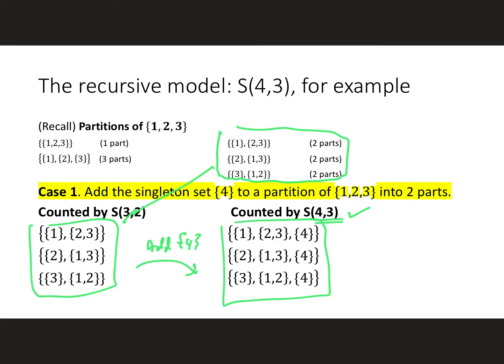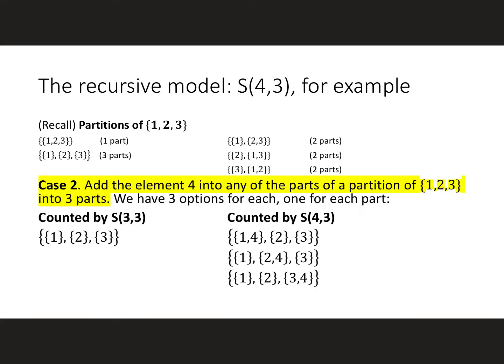So now let me illustrate case 2. I'm going to add the number 4 into any of the partitions of 1, 2, 3 into 3 parts. For us, that's just this one. You can see how this would work regardless of how many of these you had. You'd have to do this for each one.